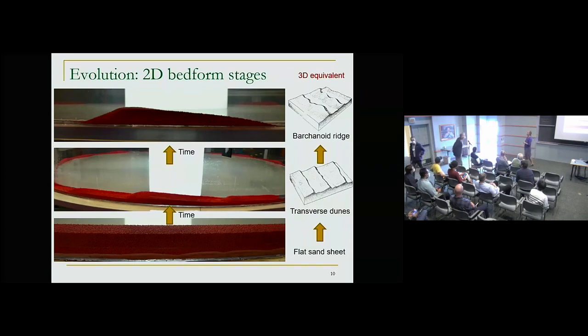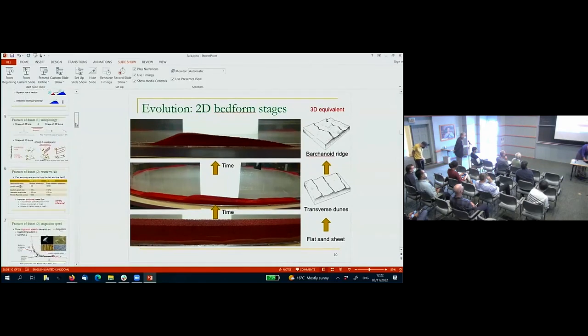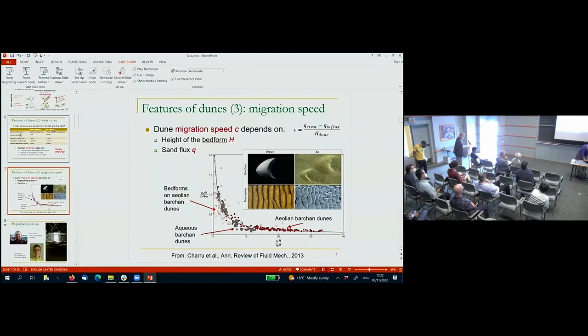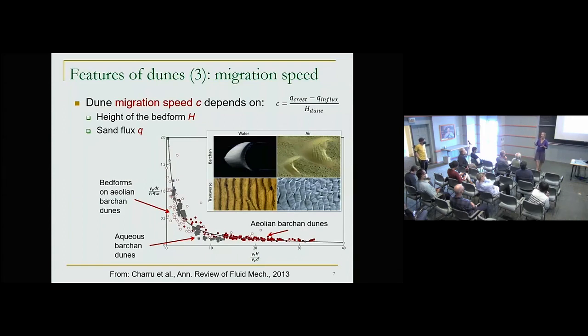Thanks so much, Nathalie. You showed in Dune 101 a formula for the speed based on sand flux and height. But your experiments also showed that turbulent fluctuations influence the speed. Can you modify your formula based on what you learned? Good question. So this is basically the sand flux, and two weeks ago we had an excellent talk from Kimberly about how sand flux relates to shear stress.